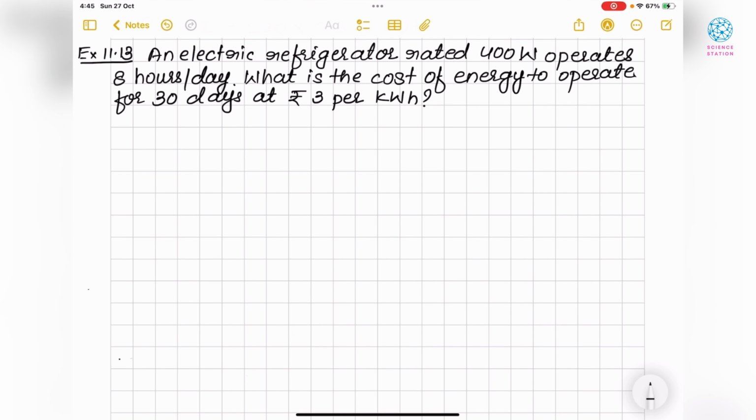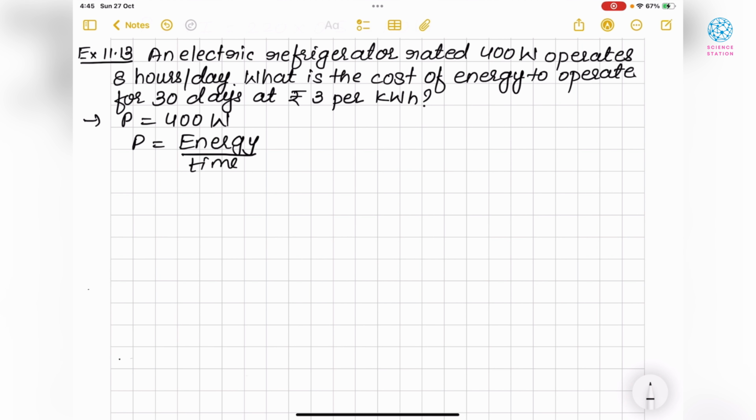Now example 11.13 says an electric refrigerator rated 400 watt operates 8 hours per day. What is the cost of energy to operate for 30 days at rupees 3 per kilowatt hour? So here I am given P equal to 400 watt, and P is nothing but energy upon time.